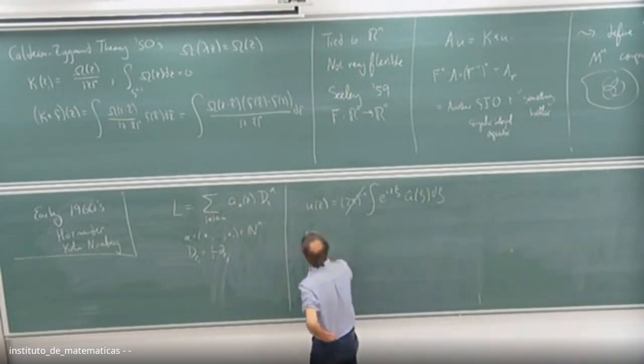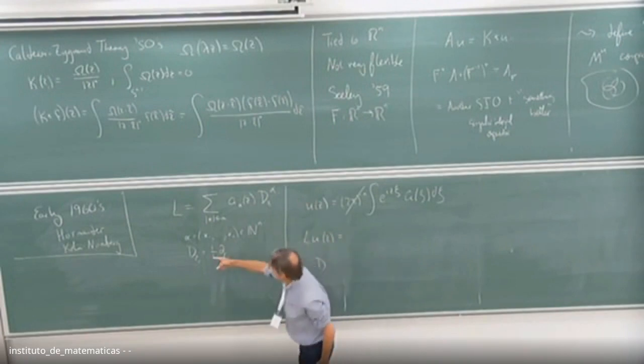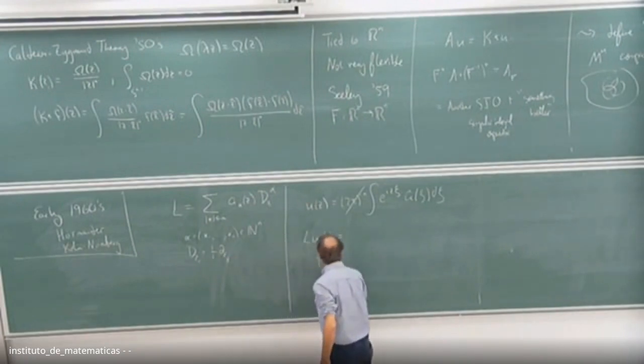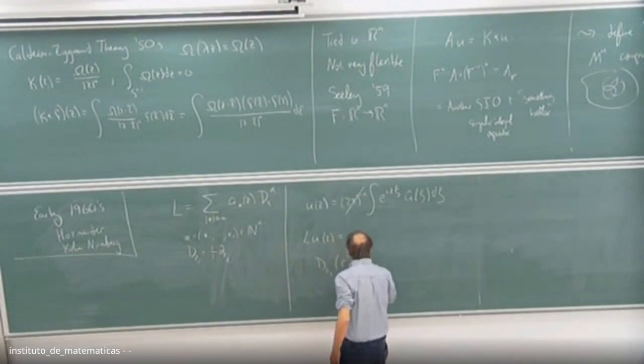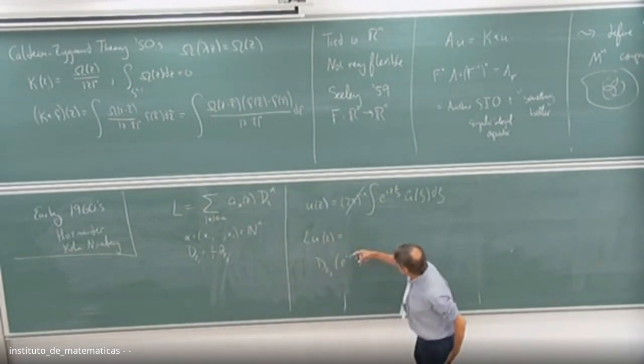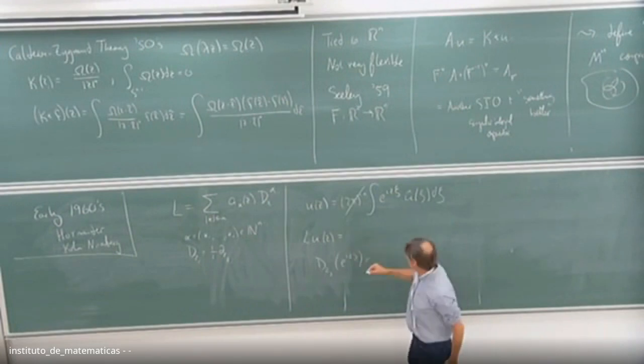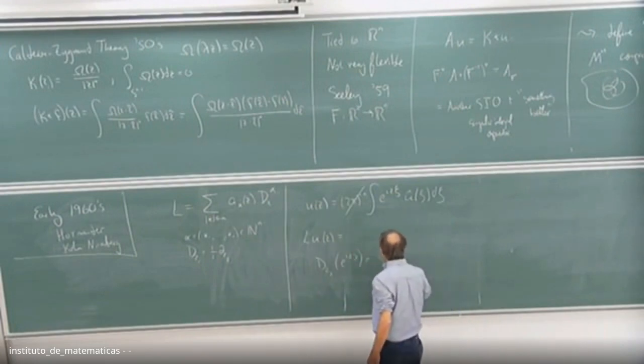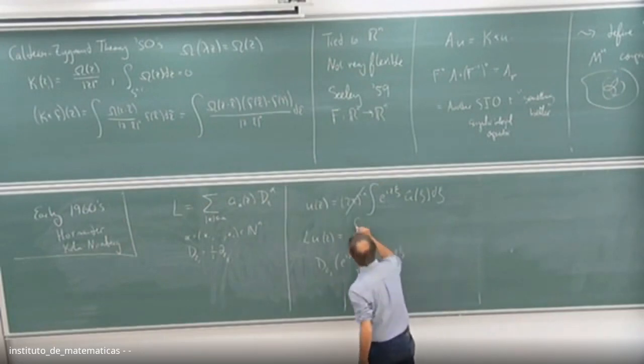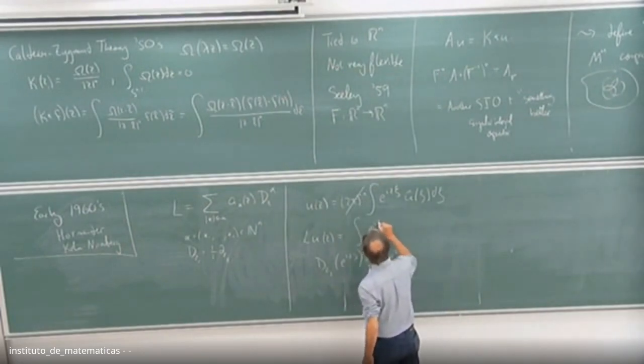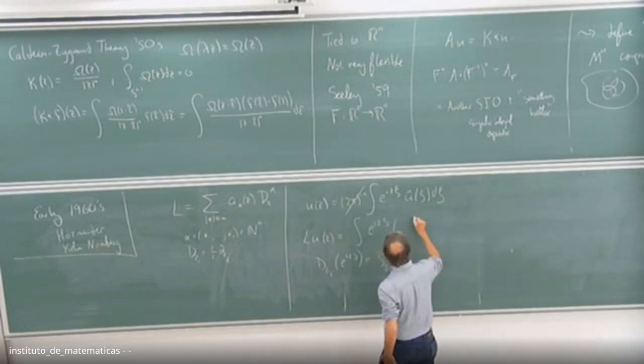And if I apply L to u, here's exactly where this factor of 1 over i comes in. If I take D_zj applied to e^(i z·zeta), it brings down exactly a factor of zeta_j times e^(i z·zeta). So this is going to equal e^(i z·zeta) times the following expression: the sum over |alpha| less than or equal to m, a_alpha(z) times zeta^alpha.